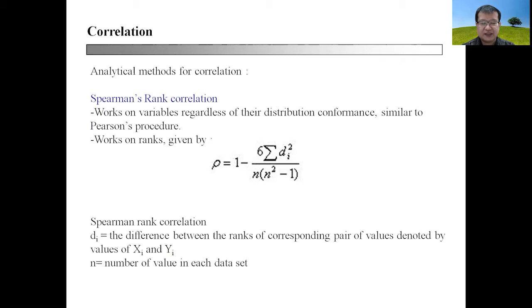It is calculated using the formula indicated here, whereby it calculates D, which is the difference between the ranks of corresponding pair of values denoted by their respective xi and yi in a series. And the n will be the number of values in each data set.